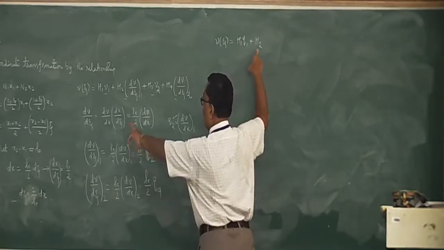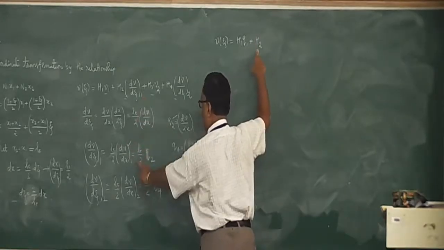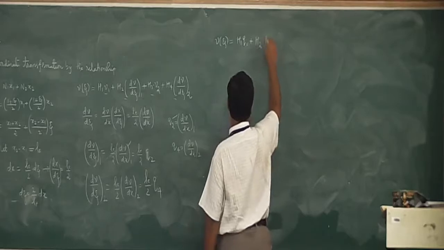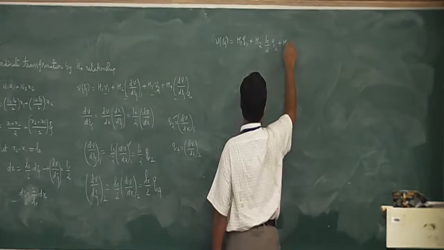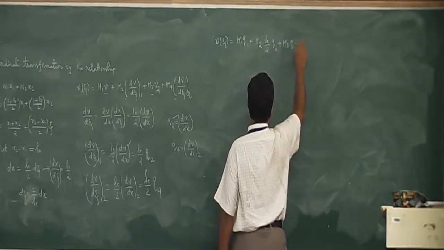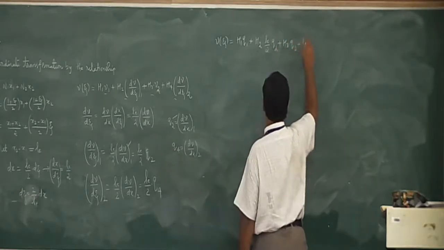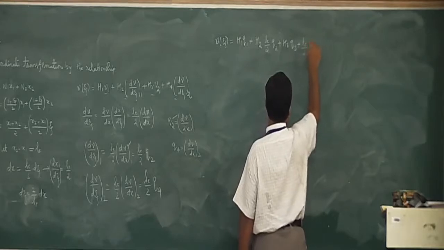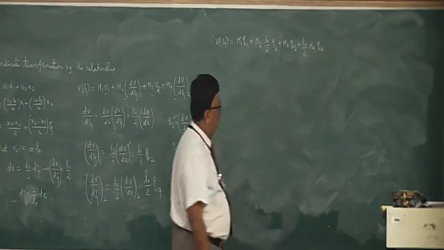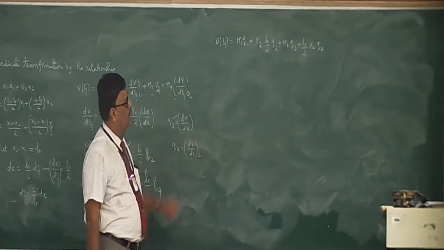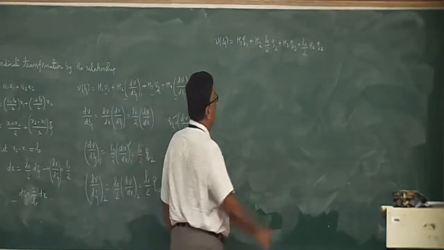So now dV by d zeta at 1, I need to take this as Le by 2 Q2. Similarly, H3 into Q3 will be there, but when it comes to H4, it is Le by 2 H4 into Q4. This is exactly what you are going to get. So that means in the slope, Le by 2 is getting added.